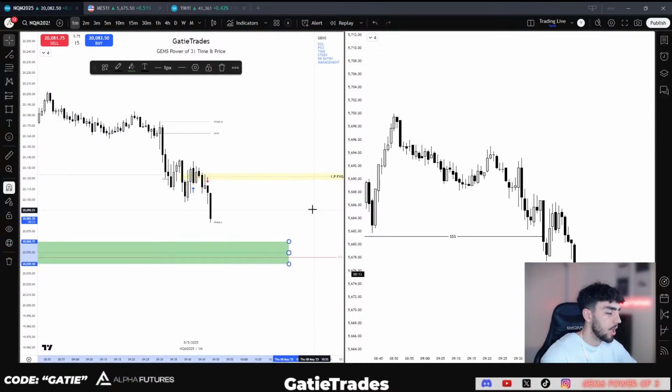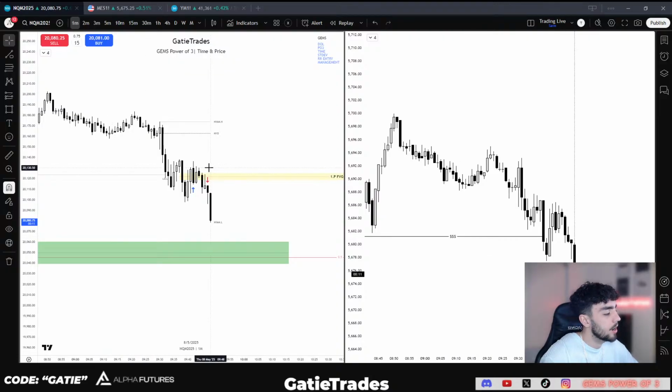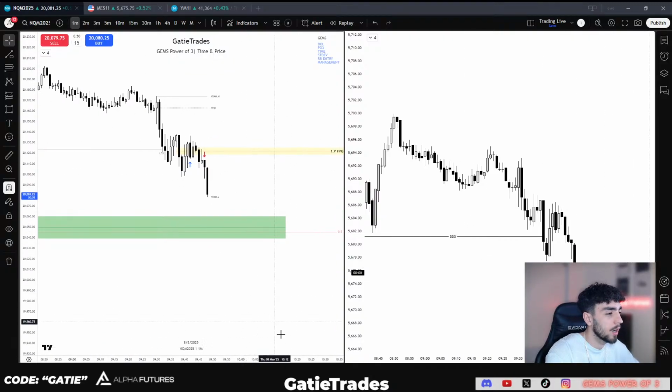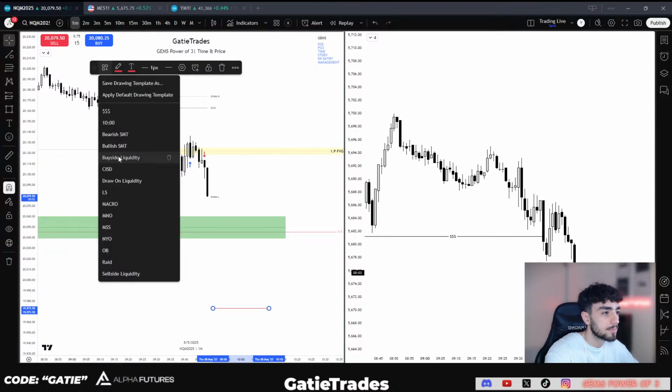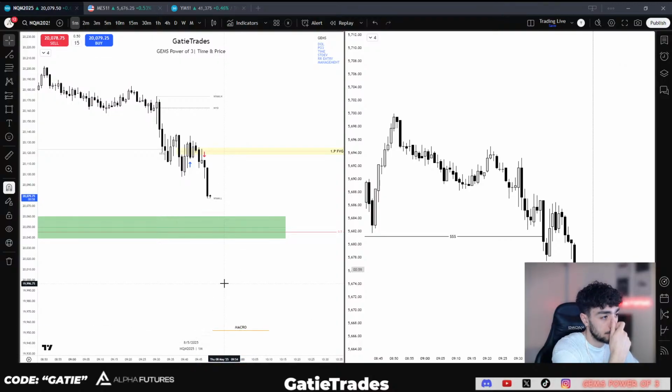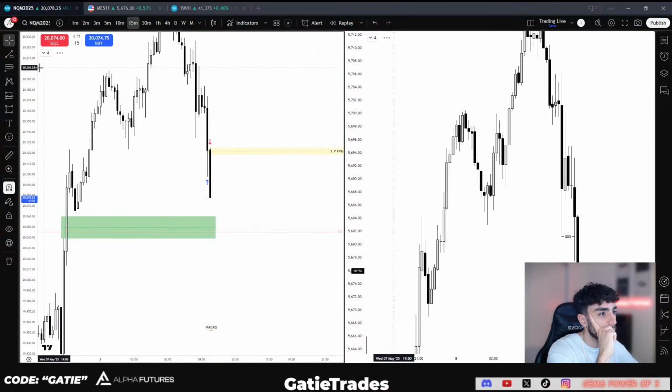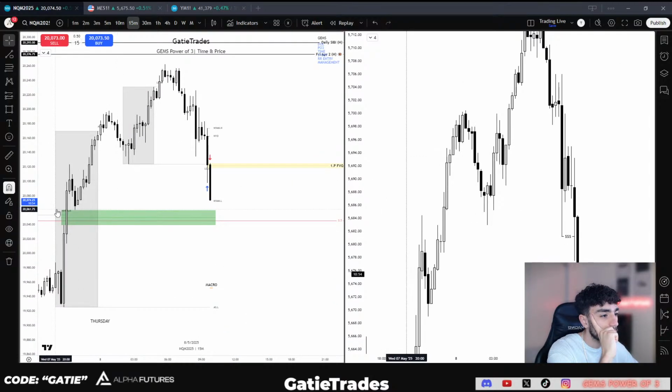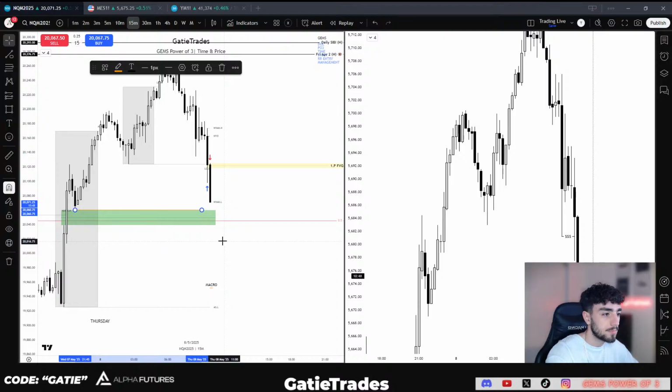Let's be patient before we try again. The macro is approaching. That's your macro. Like this low inside this fair value gap, that's a nice setup. Also aligns with 50% of the daily wick.